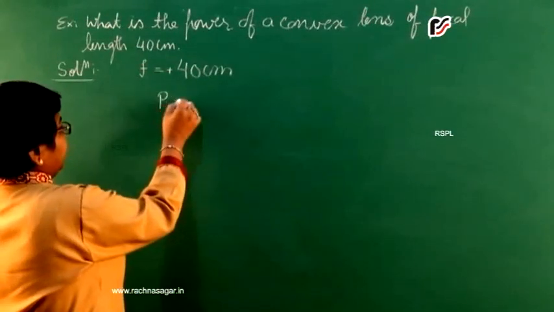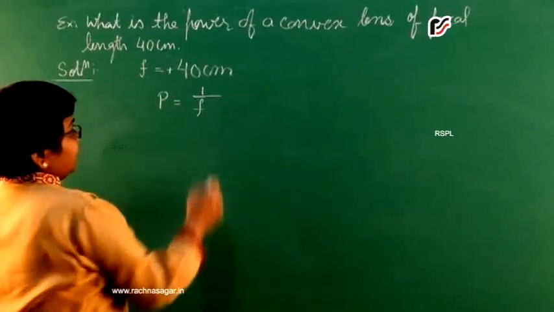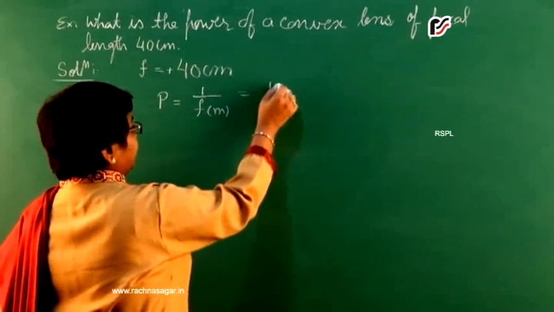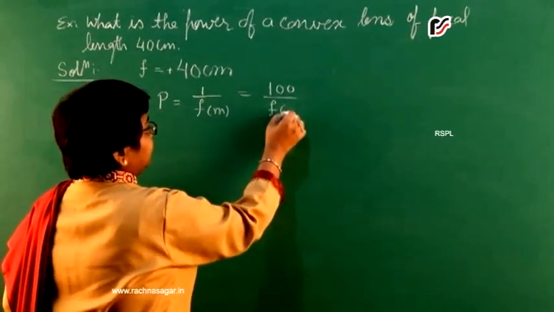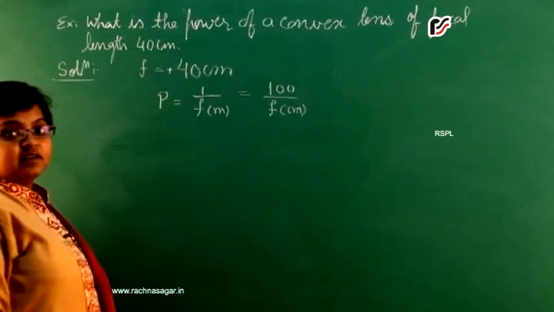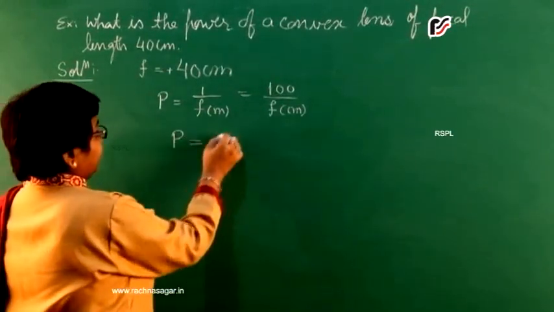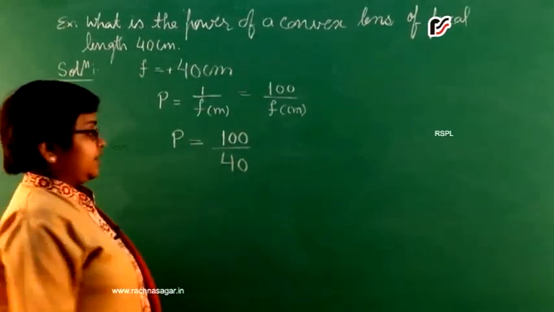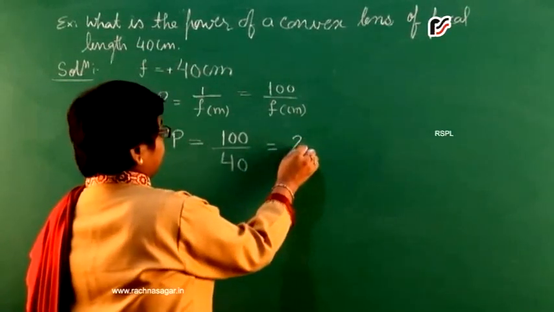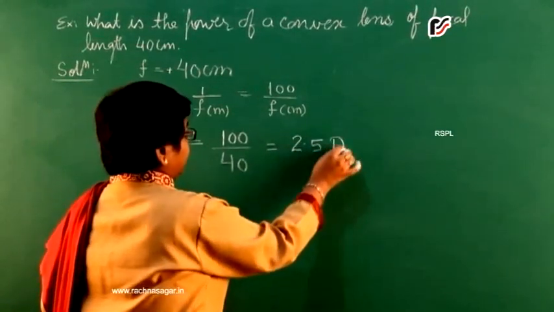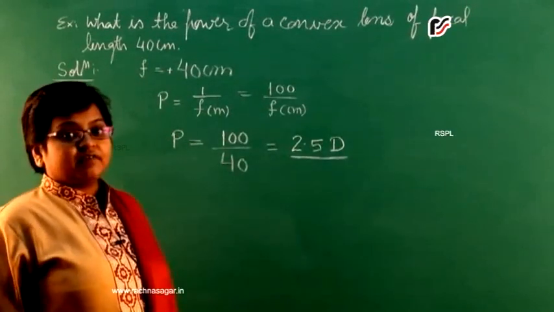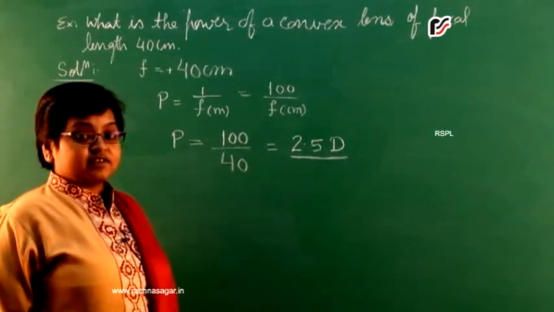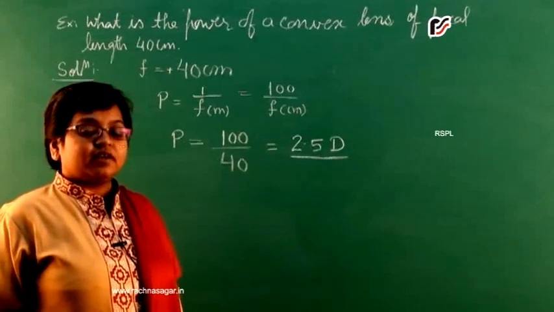We know the formula, power equals 1 divided by focal length when the focal length is measured in meters, or 100 divided by focal length when the focal length is measured in centimeters. So, power equals 100 divided by 40, which is 2.5 diopter. Thus, the power of this convex lens whose focal length is 40 centimeter is 2.5 diopter.